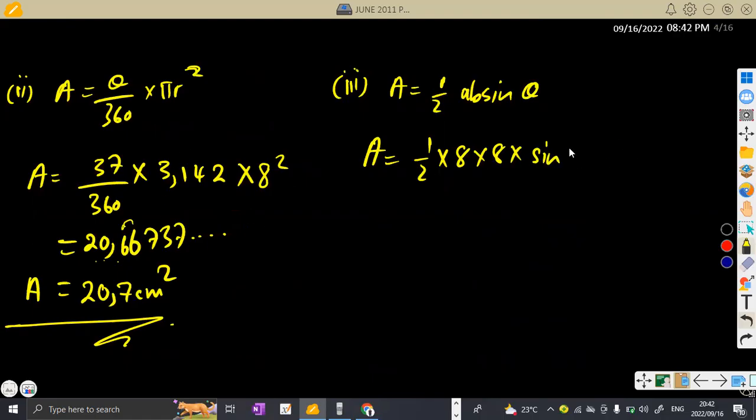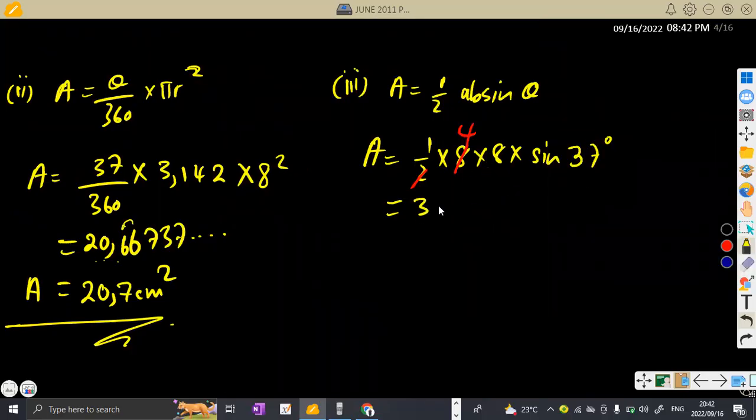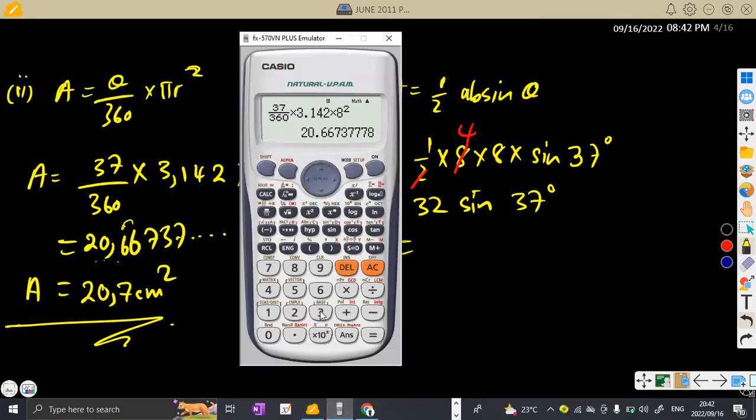Remember, our angle was 37 degrees. Here we can simplify this 2 into 8, that is 4, and multiply 4 by 8, which is 32, sine 37 degrees. From this part on your calculator, you have to simplify 32 sine 37 degrees.